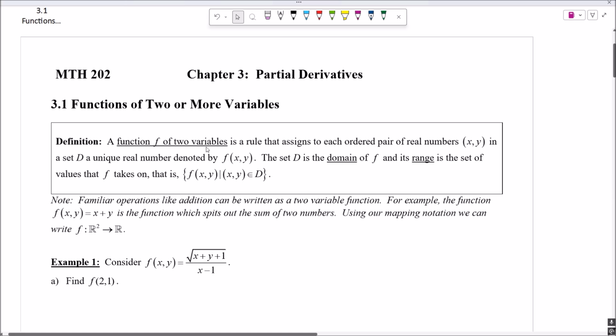A function f of 2 variables is a rule that assigns every single ordered pair in the xy plane in a specific set D to a unique real number denoted by f of x, y.